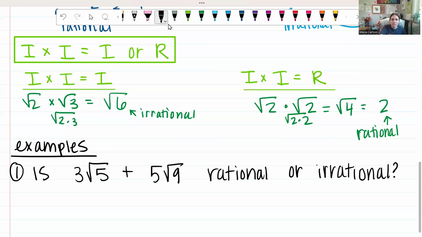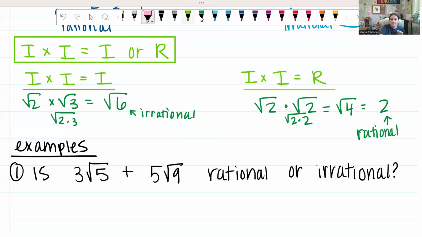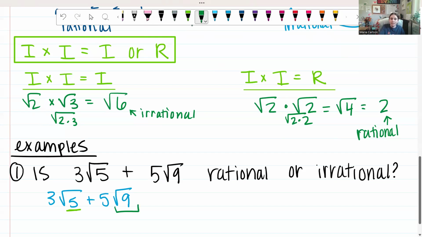Looking at this, I can't necessarily simplify or add these right off the bat, because they have different radicands, but perhaps I could simplify. 5 is a prime number, so that's not going to simplify at all. But I do notice the square root of 9, and the square root of 9 gives me 3.